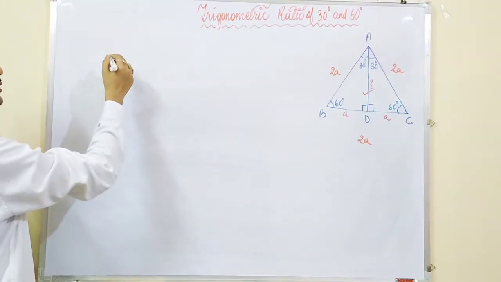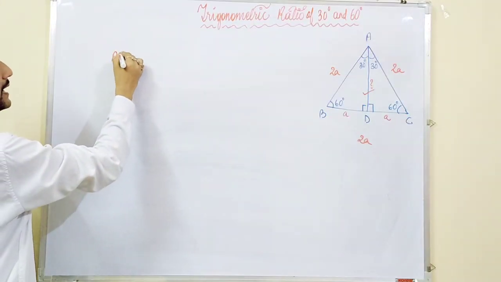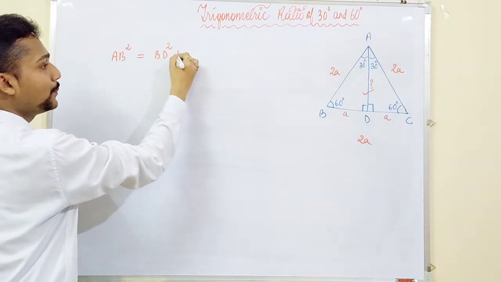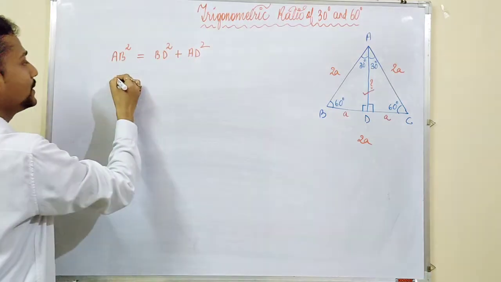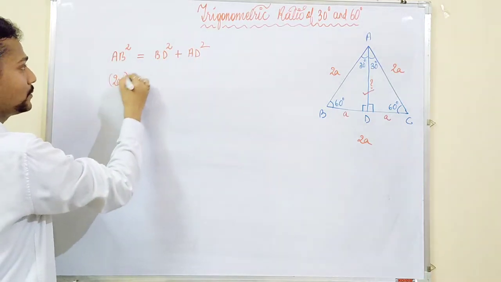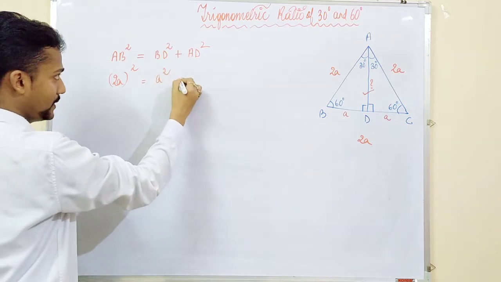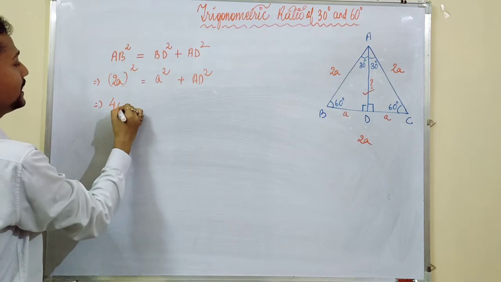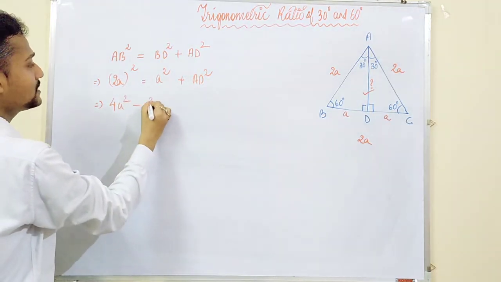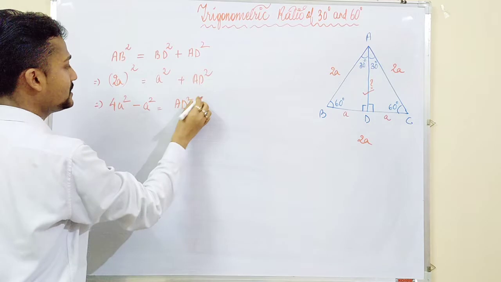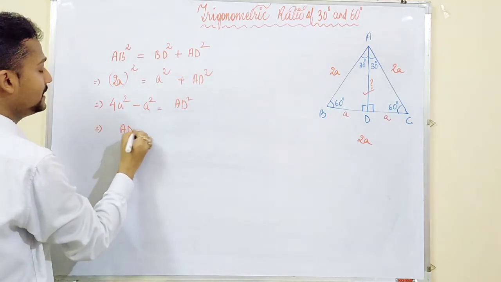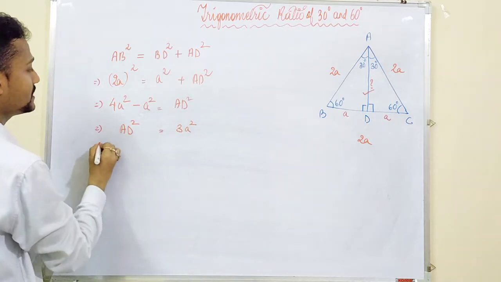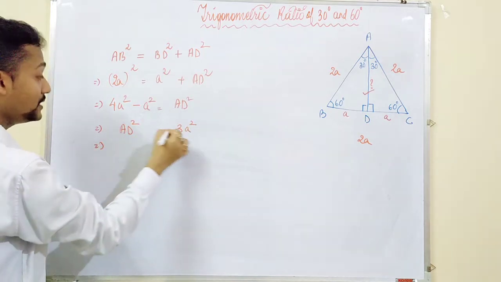So AB squared is equal to BD squared plus AD squared. AB squared is equal to (2A) whole square, BD squared is A squared, plus AD squared. So 4A squared minus A squared is equal to AD squared, or AD squared is equal to 3A squared.